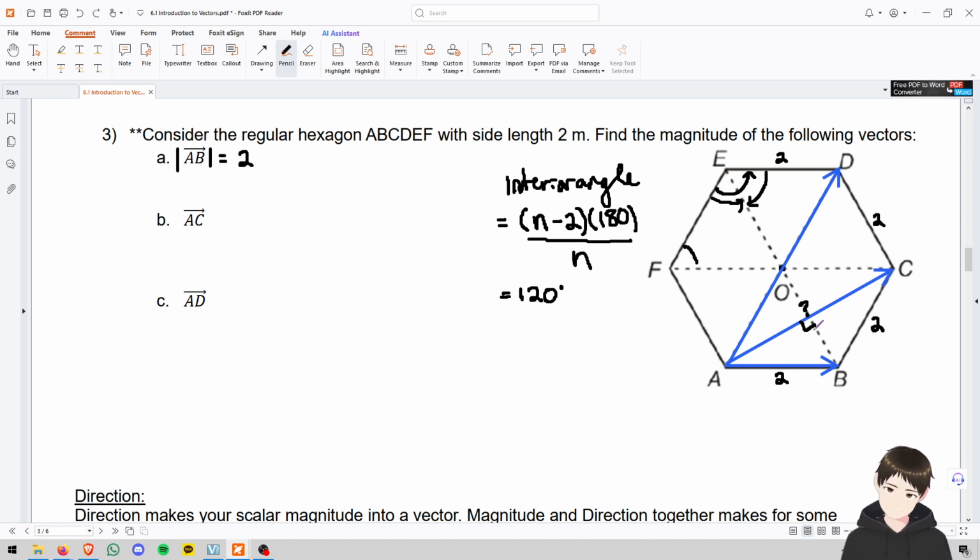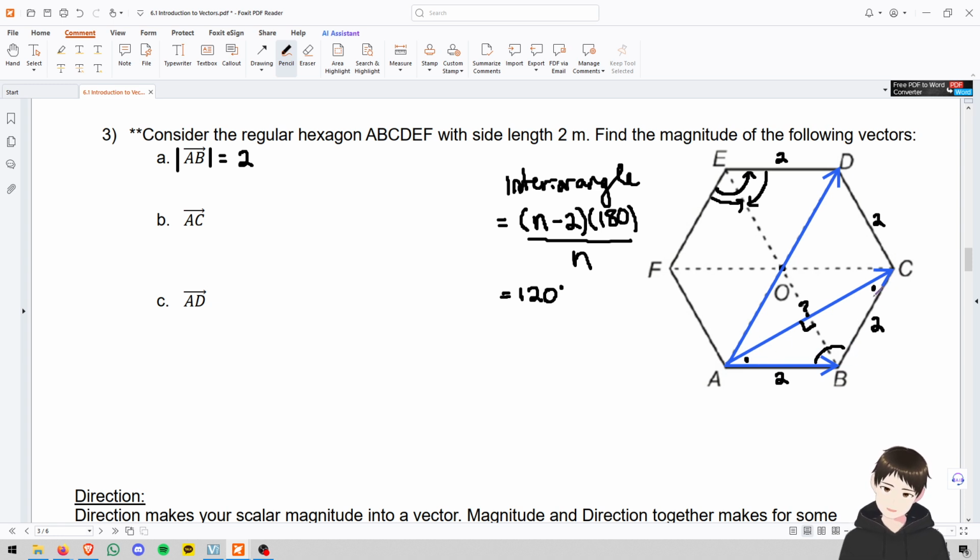Now, that's not important. If this angle is 120 and it has to be isosceles, right? You have these two angles, you have that angle, you have these two sides. You could do a whole bunch of stuff.